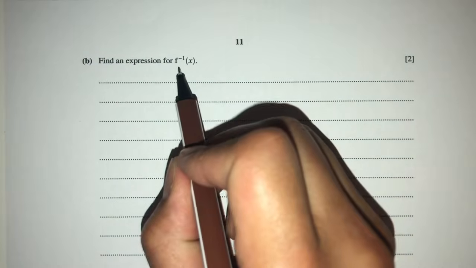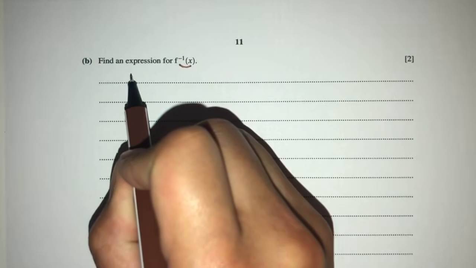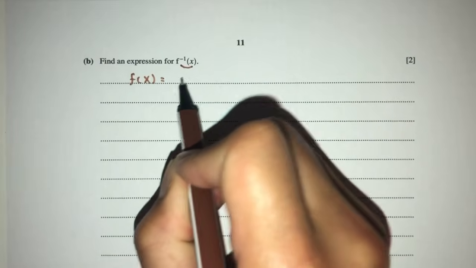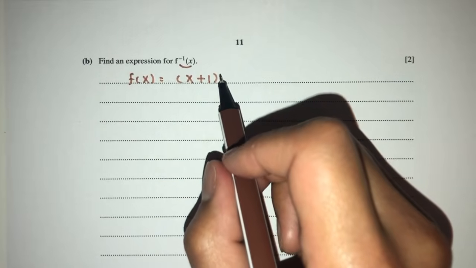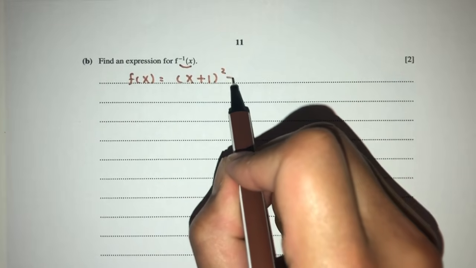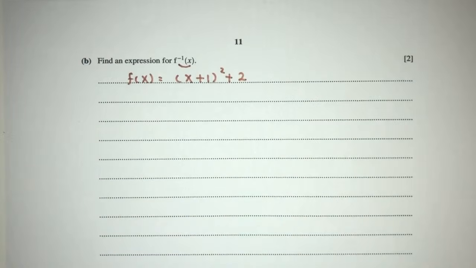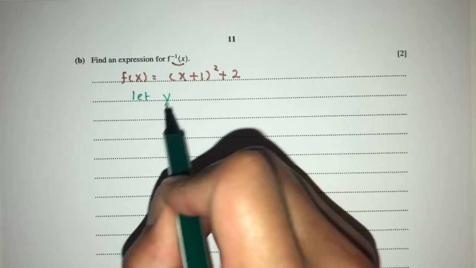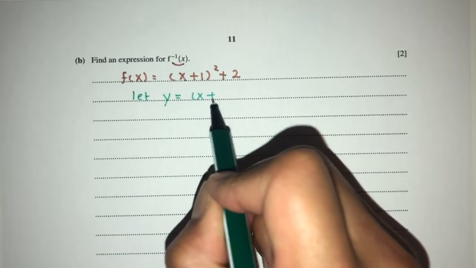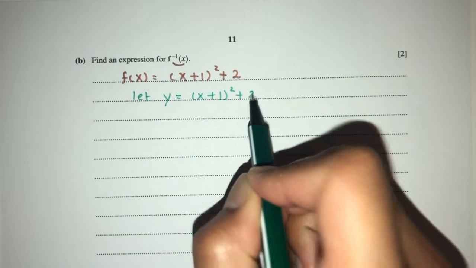Now let's move on to part B. We have to find an expression for f inverse of x. So one by one, we have f of x is equal to (x plus 1) square plus 2. To find the expression for f inverse, first y will be (x plus 1) square plus 2.